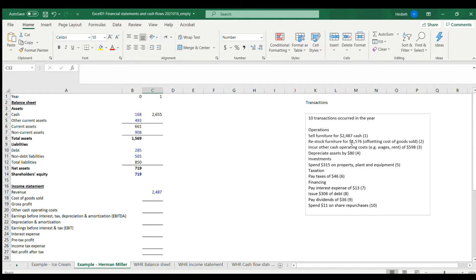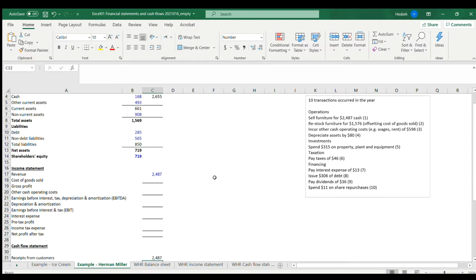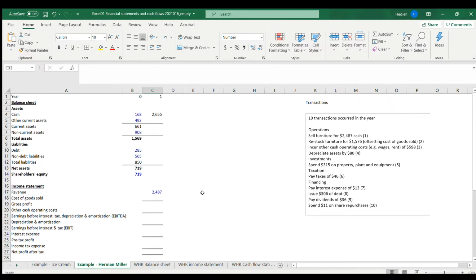Okay, so first of all, this is the cost of goods sold. This is the cost of production for the goods that were sold by the company. So first of all, we should consider this in the cost of goods sold in the income statement.